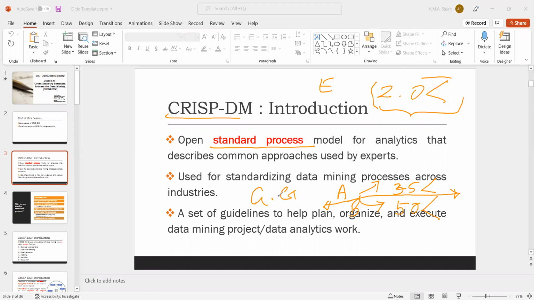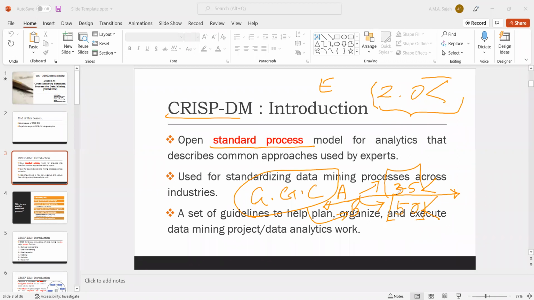Am I correct? So we can easily measure the quality of the graduates because each and every university follows the same standard procedures. Similarly, whenever we apply data mining in our projects, all over the world, we follow some standard processes, standard steps.